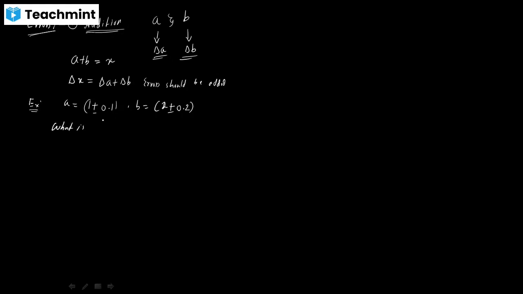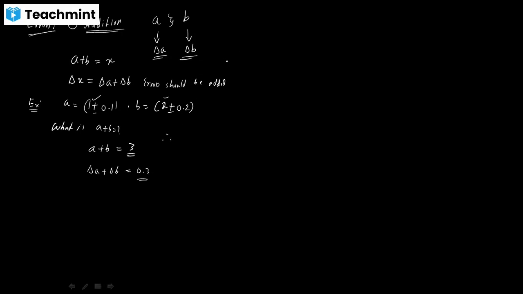What is A plus B? Just check the values: A value is 1, B value is 2, correct? What is the answer now? 3, correct, students? Yes. Now what is the sum of their errors? Delta A plus delta B, how much is that? 0.1 plus 0.2, answer is 0.3.